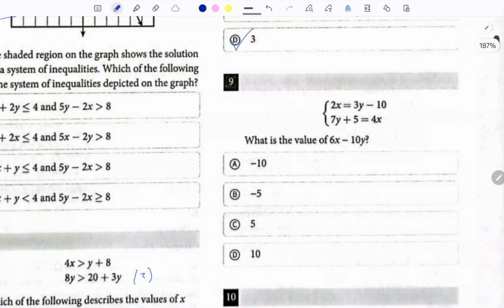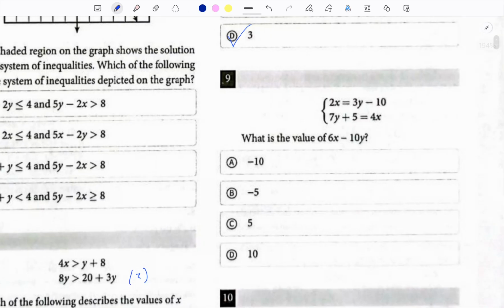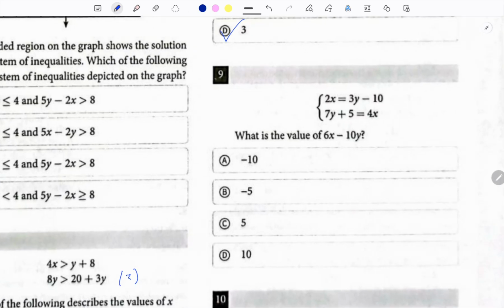Next question, what's the value of 6 times x minus 10 times y? So to find it, firstly, let's write that 2 times x minus 3 times y is equivalent to negative 10. And let's move 7 times y to the right side of this equation.